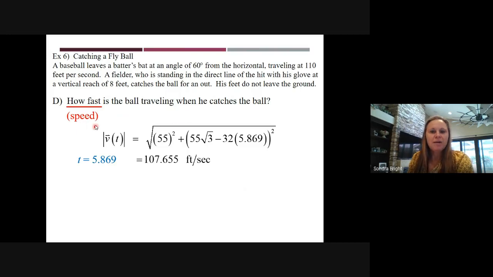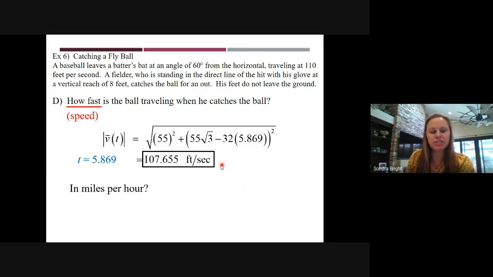Now, more likely than not, they will probably give you an answer in different units, and I think your homework does this to you. If they say, find how fast it's traveling in miles per hour, but yet they gave you everything in feet per second, that's what we call dimensional analysis. And if you're interested in engineering at all, you're for sure going to be doing tons of this.